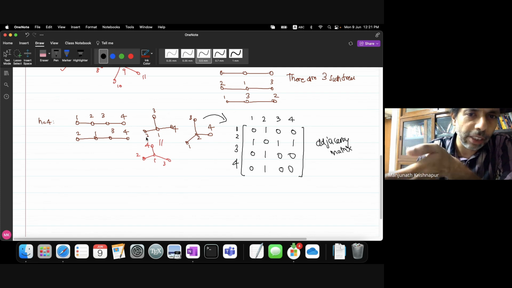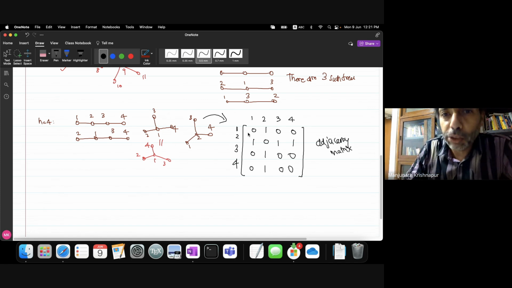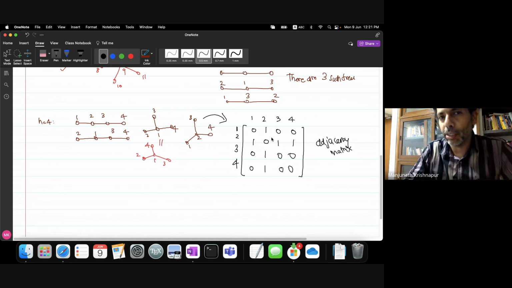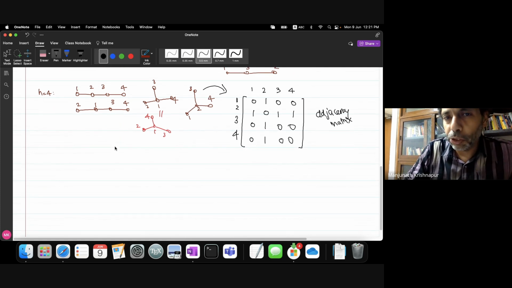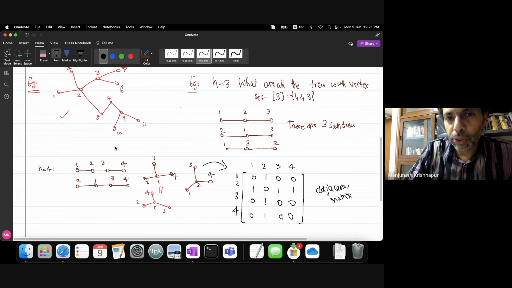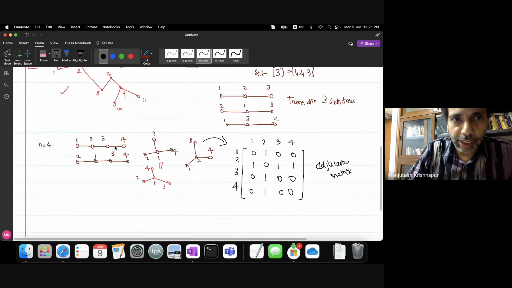With drawing pictures, one can be confused whether they are the same or different. Maybe they don't look the same, but they're actually the same. If you write the adjacency matrix, you will know. In fact, the adjacency matrix completely determines the graph. So that's a useful tool to write down all the things.